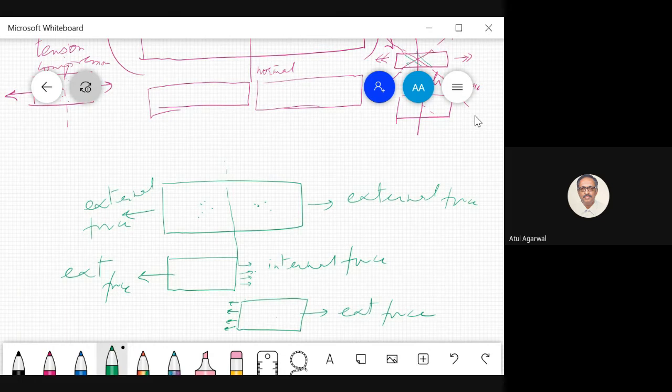And you see these sets of forces. They are equal and opposite. Newton's third law. What this fellow does to him, the other fellow will do the opposite. Equal and opposite.